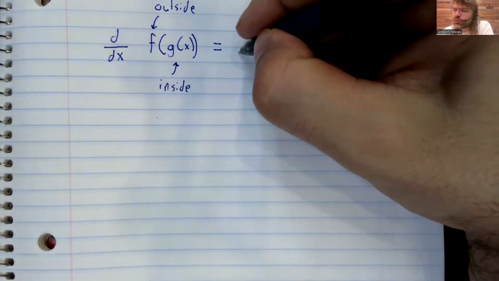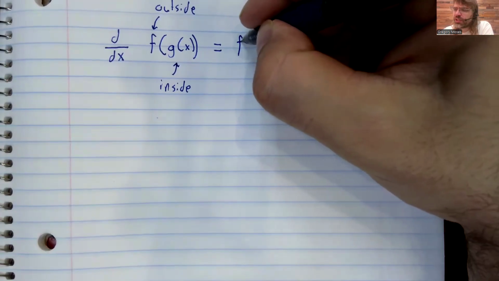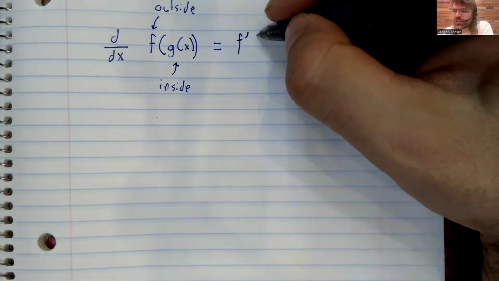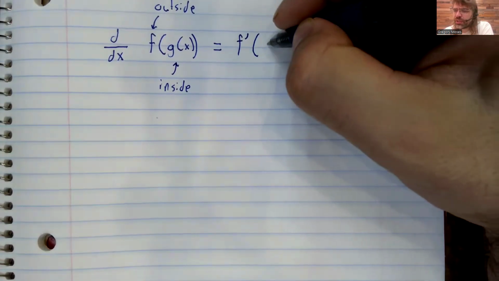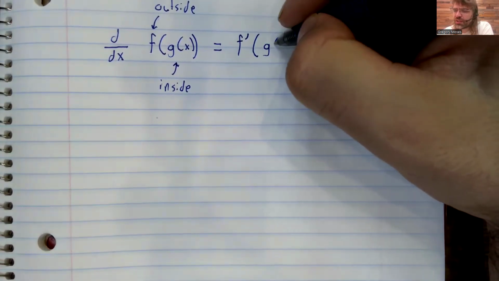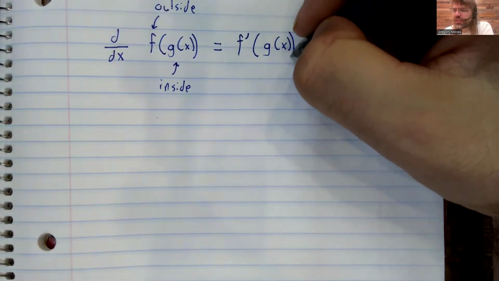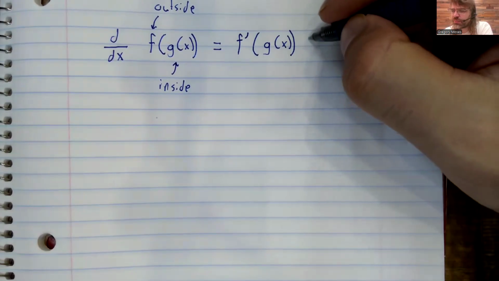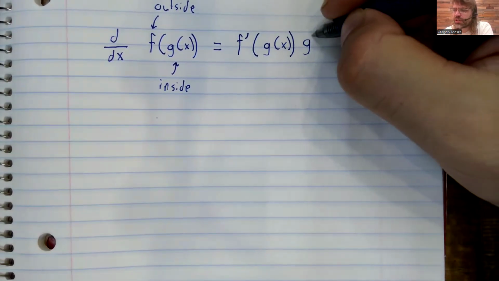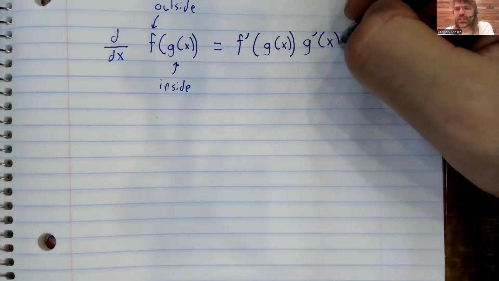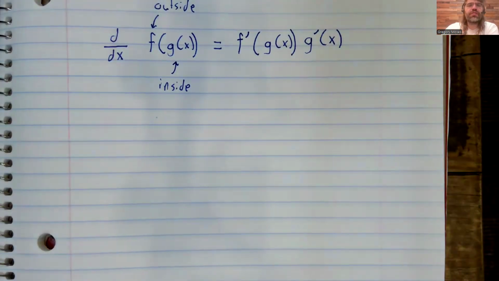And the chain rule says, take the derivative of the outside function, stick the inside function inside of it, and then multiply by the derivative of the inside function.